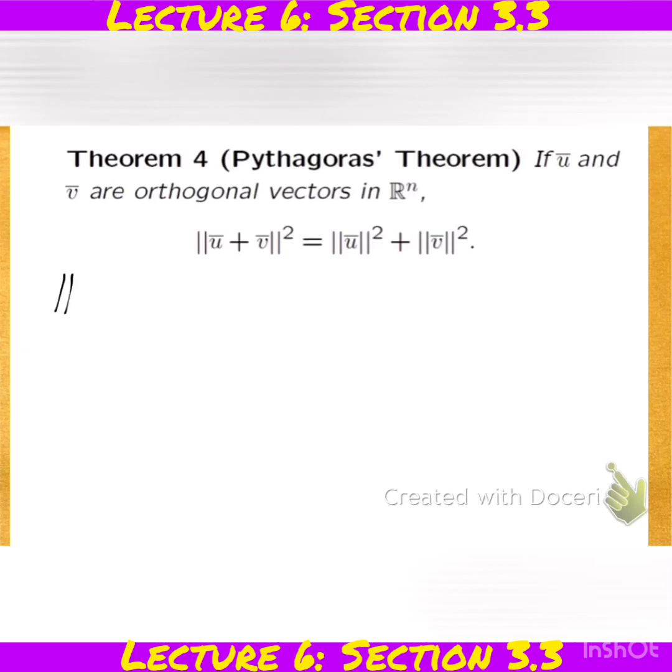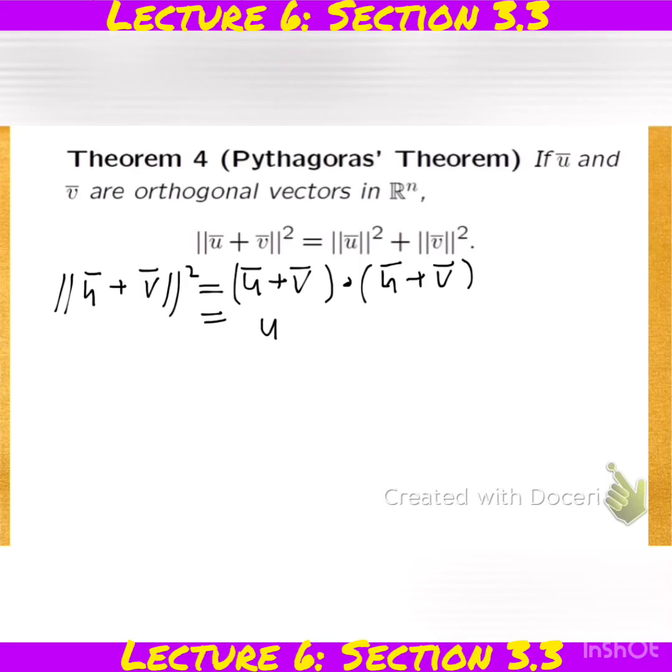If we consider two vectors u and v that are orthogonal, then the norm of the sum of the two vectors is the same as the dot product of the vector u plus v with itself. It is very easy then to note that that's u dot u plus twice u dot v plus v dot v, and v dot itself is the norm of v squared.